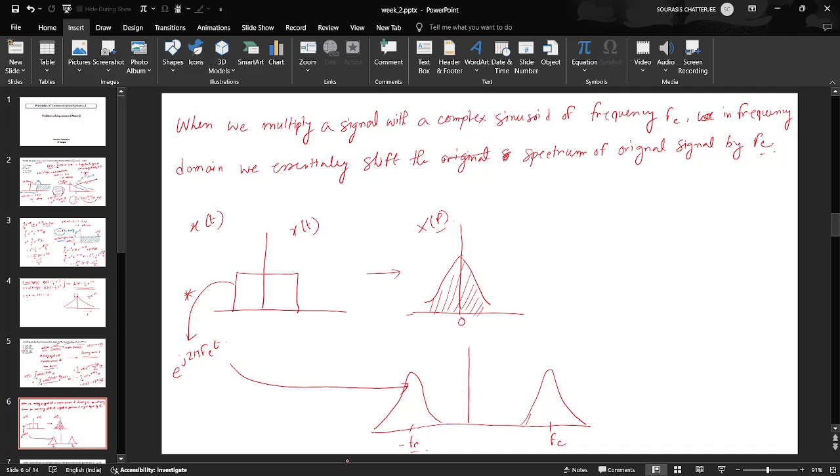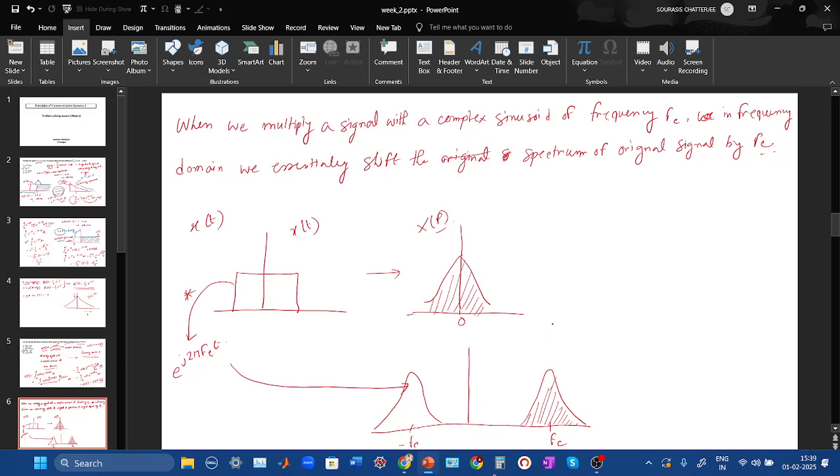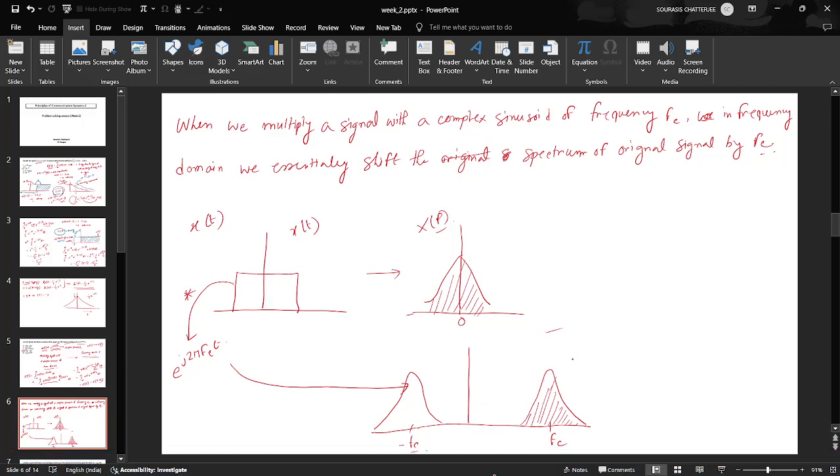Your entire power is shifted to this band here at center frequency f_c, not at 0. So that is the message I would like to deliver here, that's exactly what happens beyond mathematics between the time and frequency domain representation.